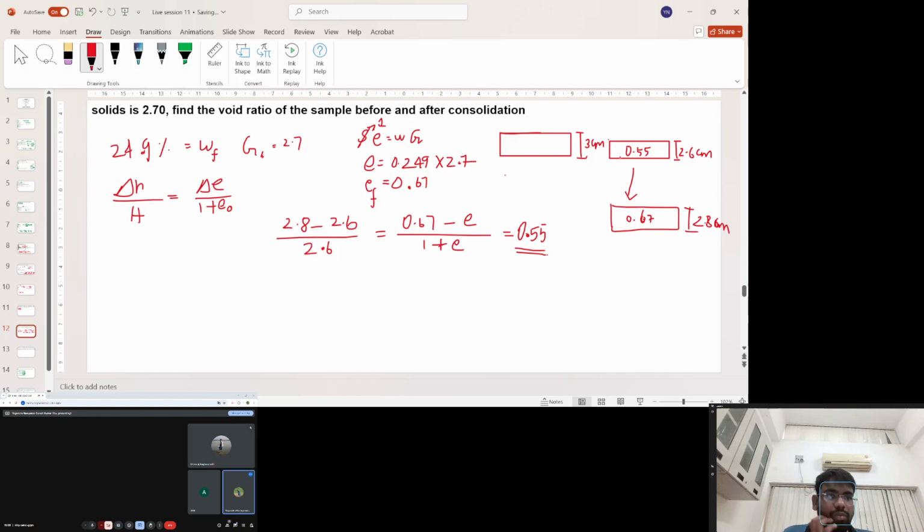Now we need to back calculate from here to here. What is the total change undergone? This is 3 minus 2.6 by 3 is equal to void ratio 0.55 final minus initial, divided by 1 plus e naught.